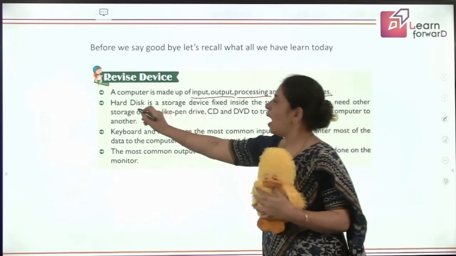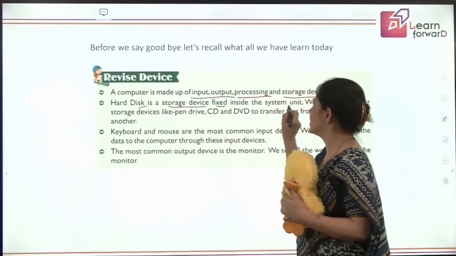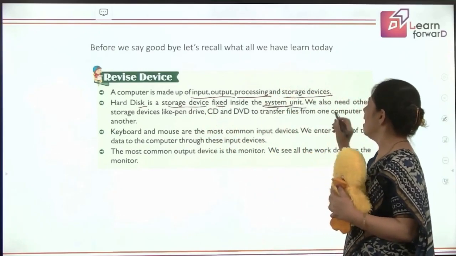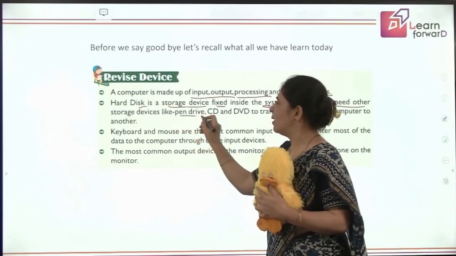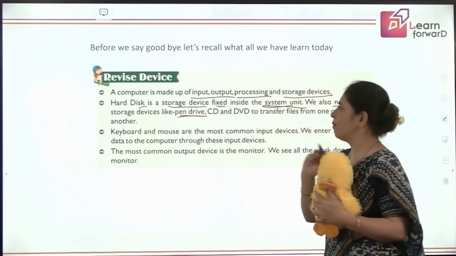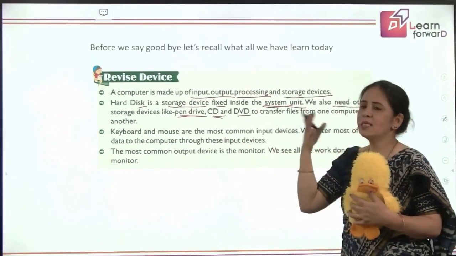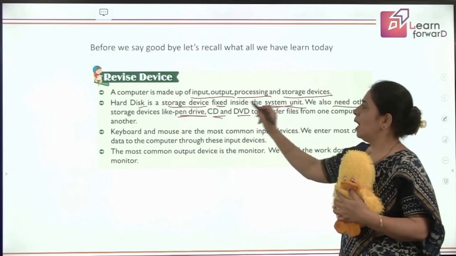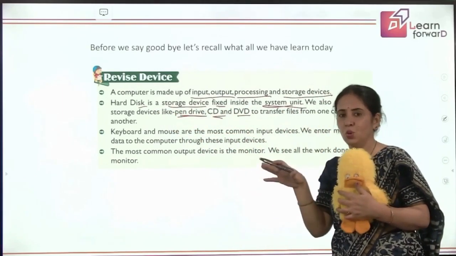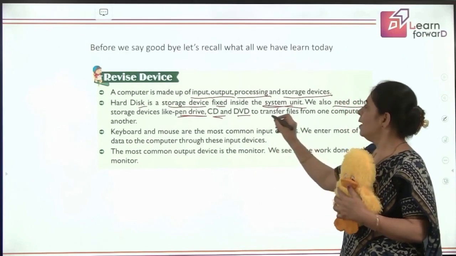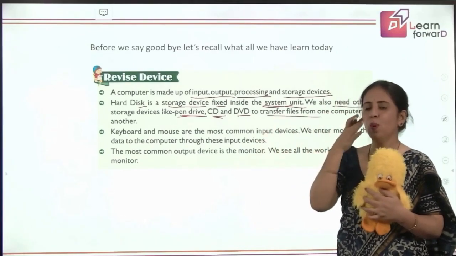And hard disk is a storage device which is fixed inside the computer system, and we also need certain other storage devices like pen drive, CD, DVD. All these are portable. Only the hard disk is the permanent storage device attached to the computer, and they are used to transfer files from one computer to another.